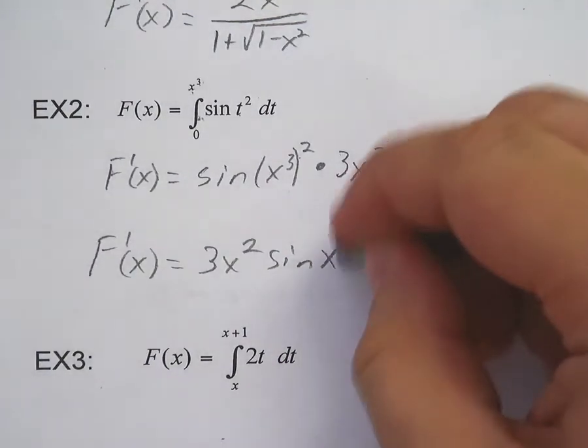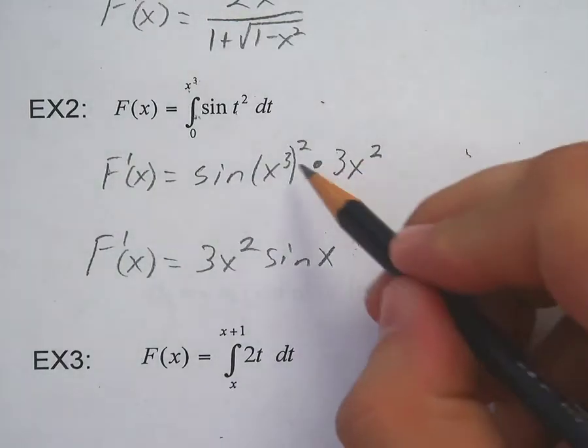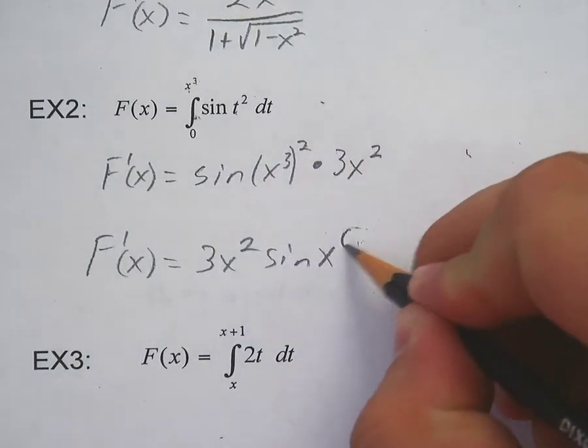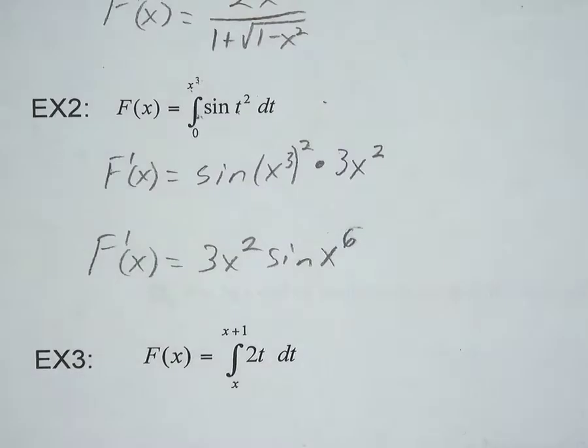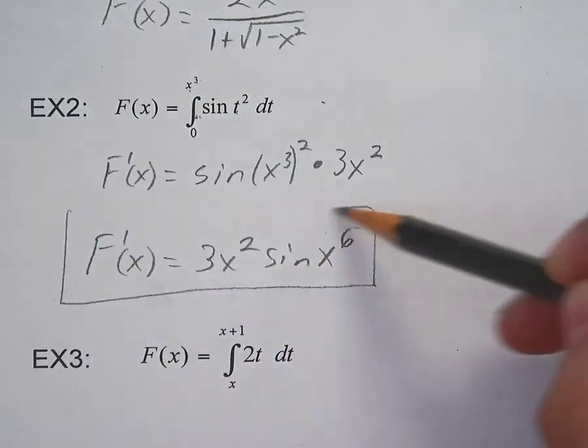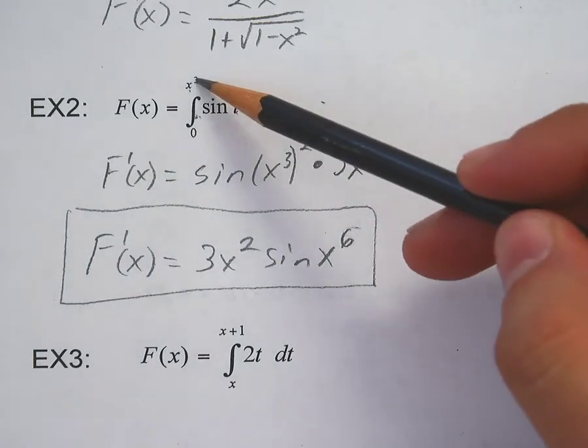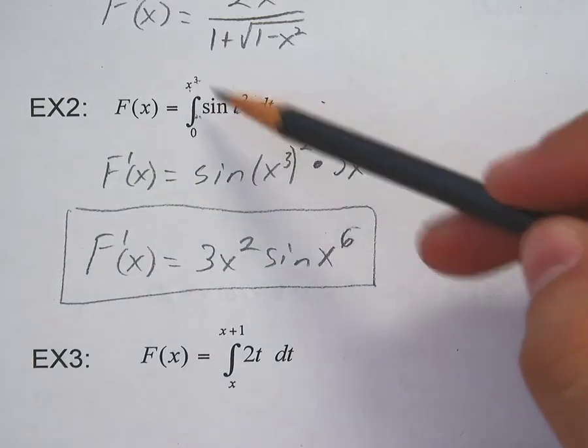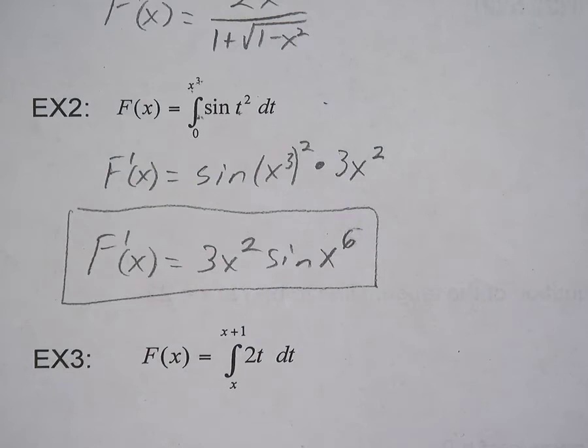Sixth, excuse me, I'm sorry, we're multiplying here. Raising an exponent to an exponent, we multiply, to the sixth. Excuse that. That's really all there is to it. We just plug in this expression and then multiply it by the derivative of that. And that's all there is to it.